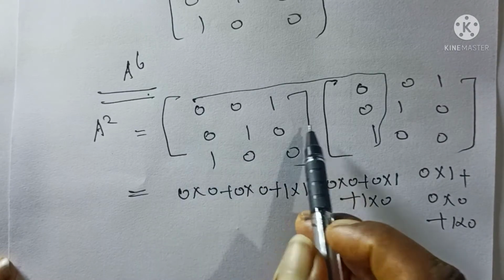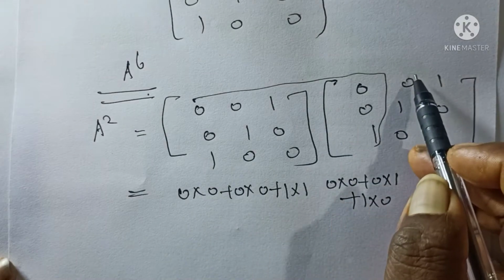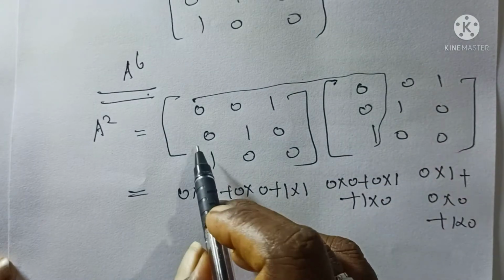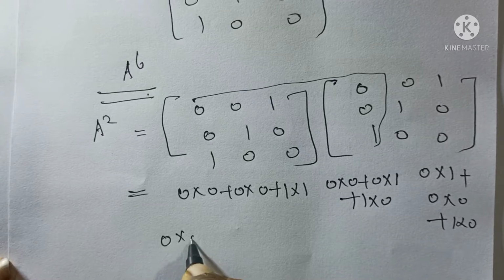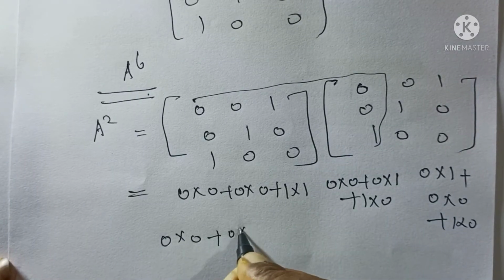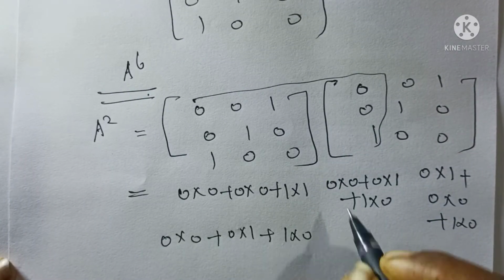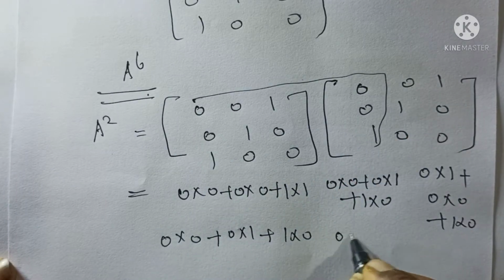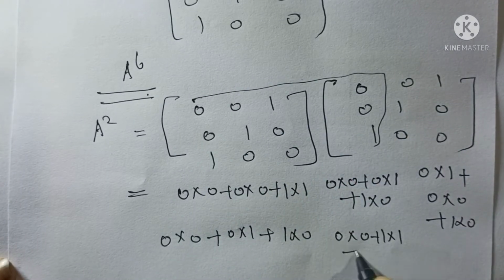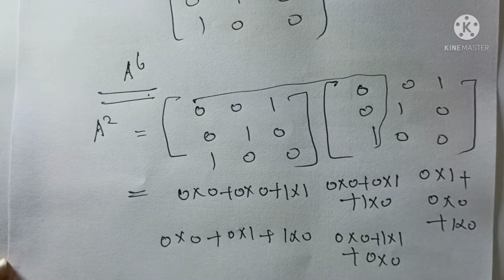Next, second row and first column, second row second column, second row third column. So 0 into 0 plus 0 into 1 plus 1 into 0. Then 0 into 0 plus 1 into 1 plus 0 into 0.